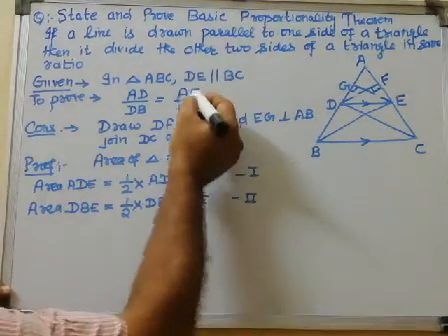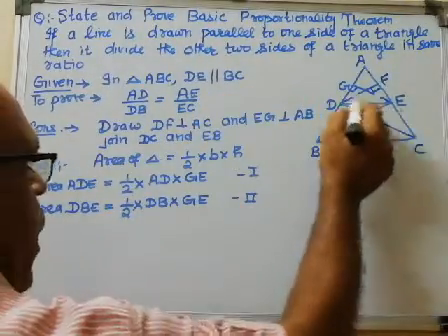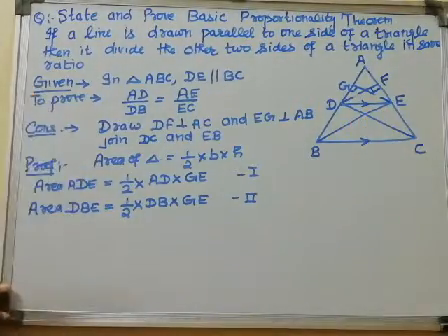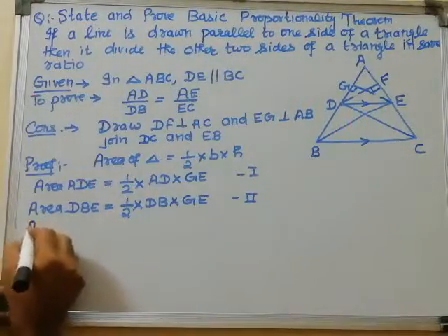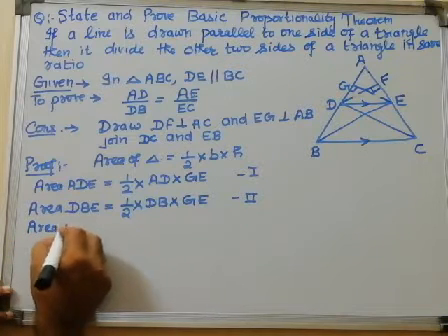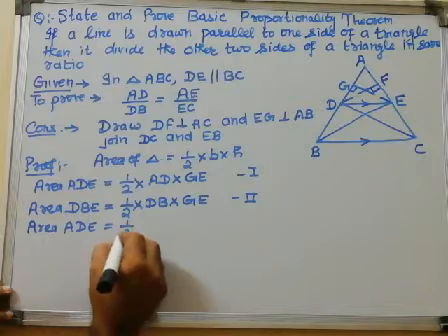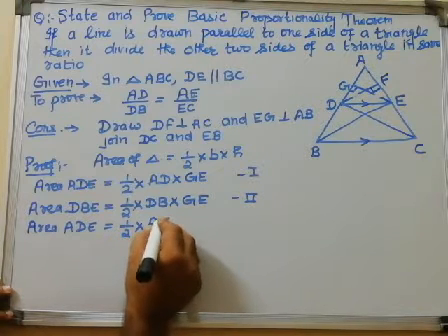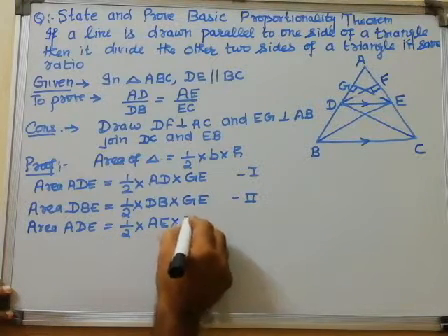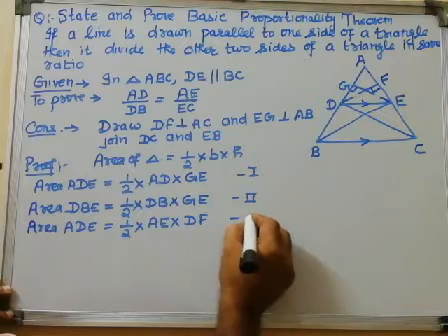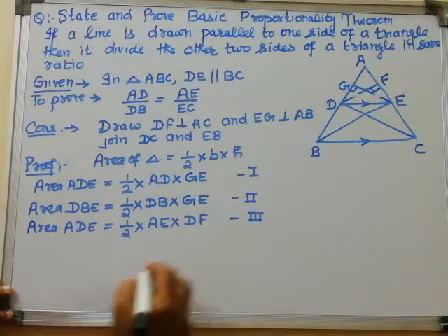Then you have to take area of triangle again ADE, but you have to take base AE, and height is DF. Consider this as third.